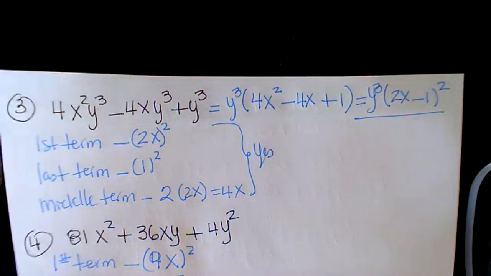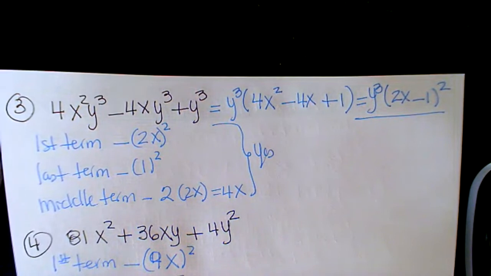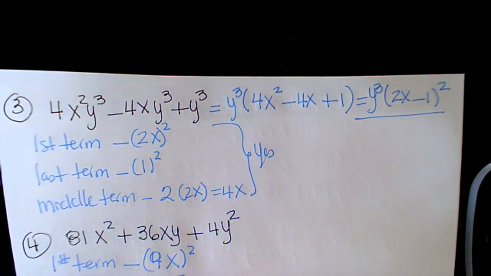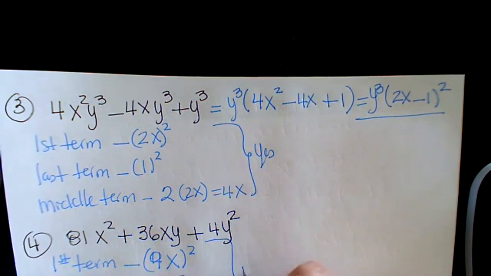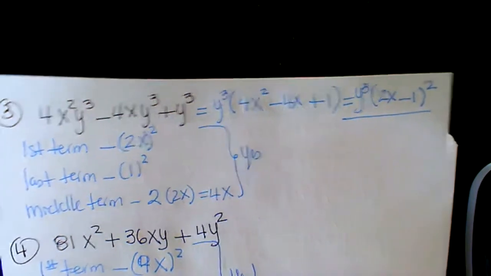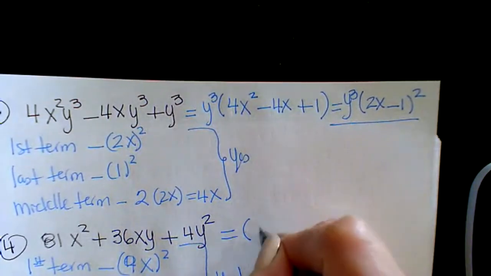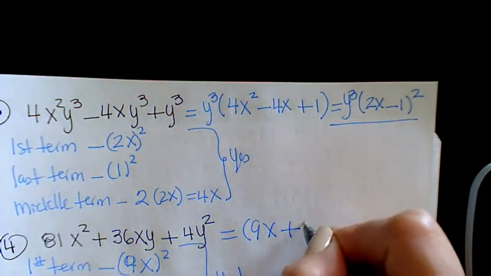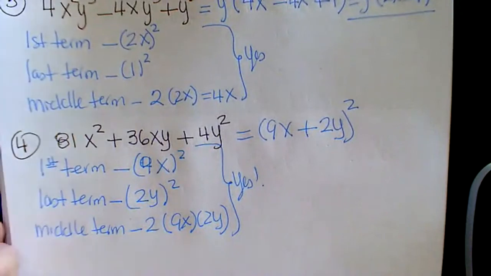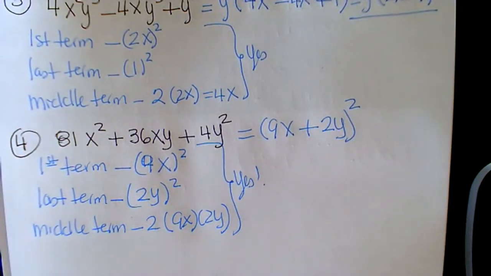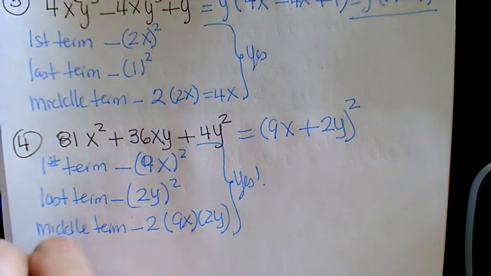And the middle term is 2 times 9x times 2y. 9 times 2, 18. 18 times 2, 36xy. So yes, it is a perfect square trinomial. And the first term is going to be 9x, and the second one is going to be 2y, and that's going to be a square. Right? And I'm going to do one more here. All right?